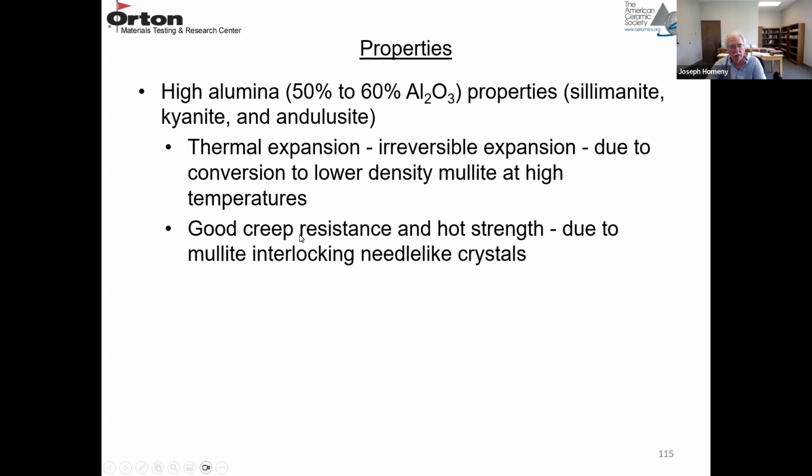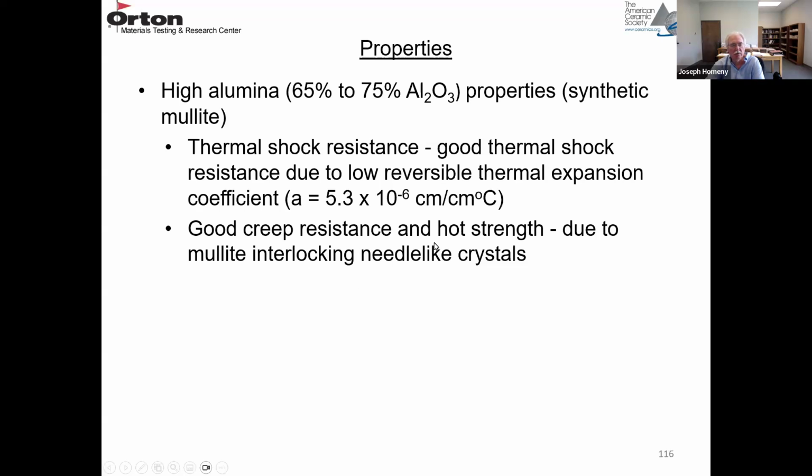Because of the presence of mullite, mullite's low expansion, it's going to be not only good in terms of creep resistance and hot strength, but the low expansion is going to give rise to thermal shock resistance.